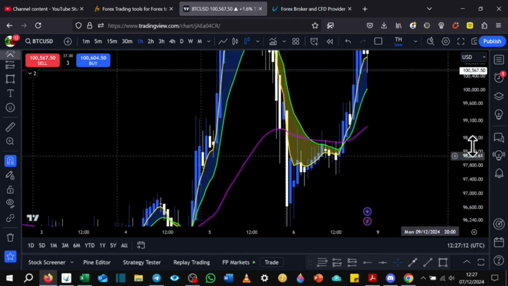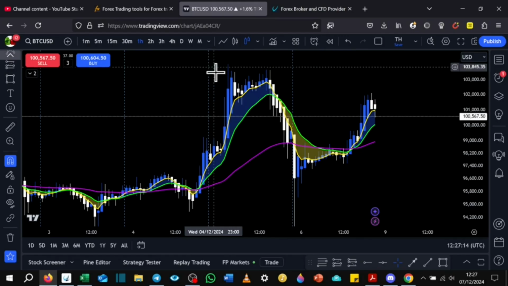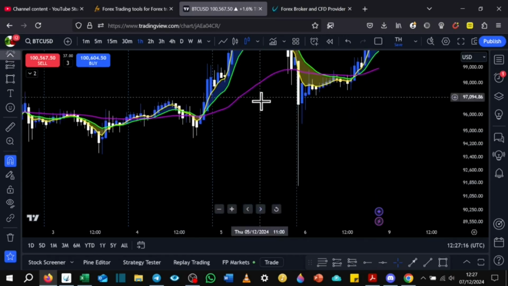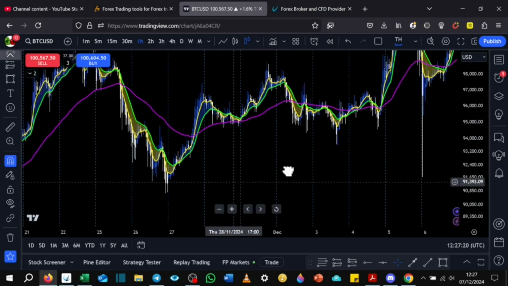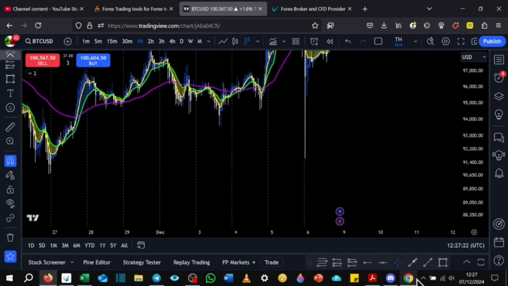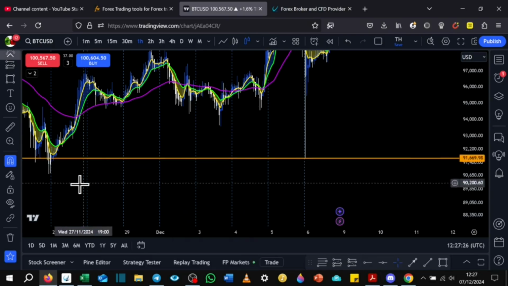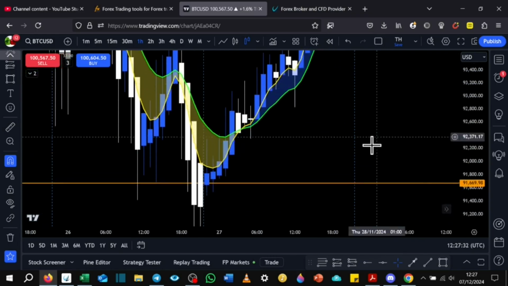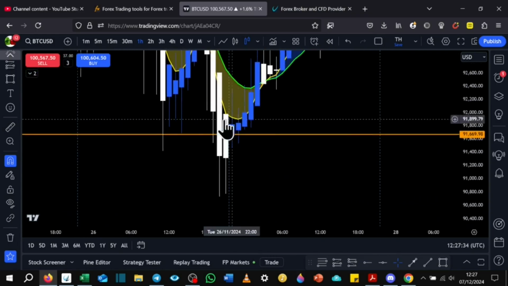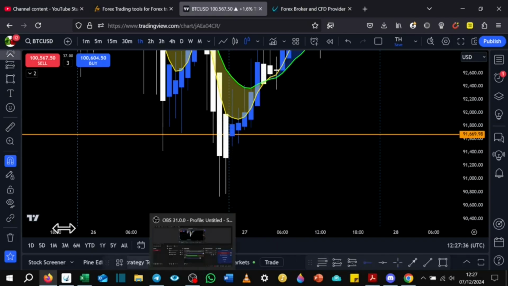So yeah, we've come down. You can see how this is like wicked right down here. Where did this actually go to? So it's actually come right down to this institutional candle here.